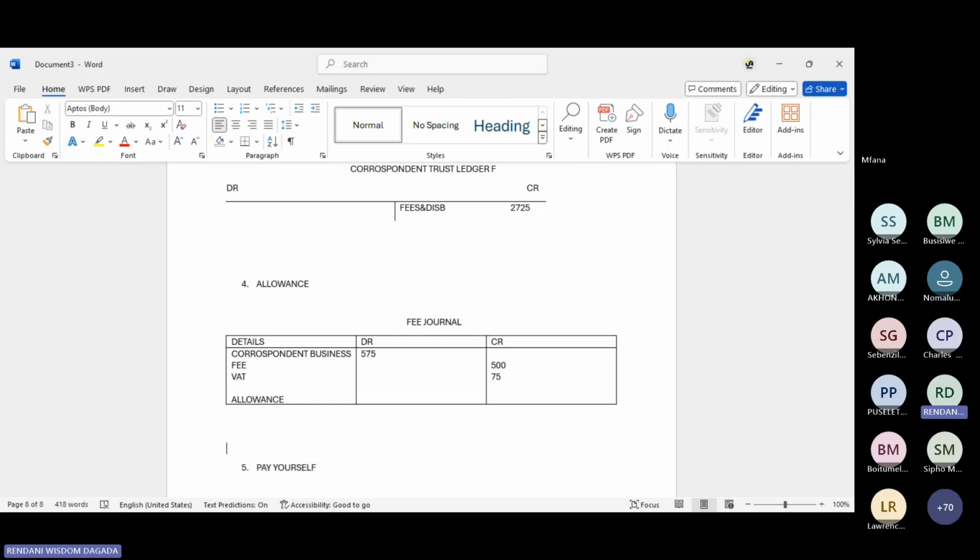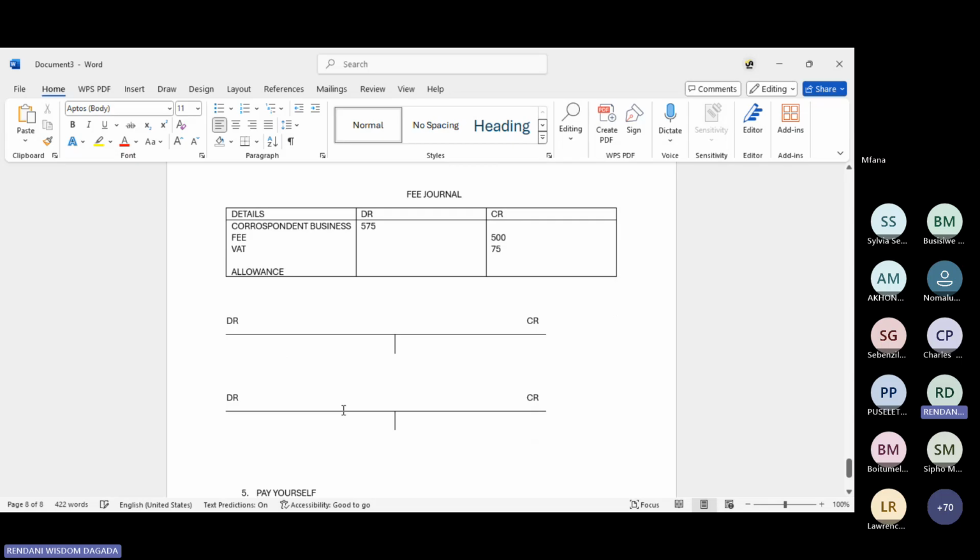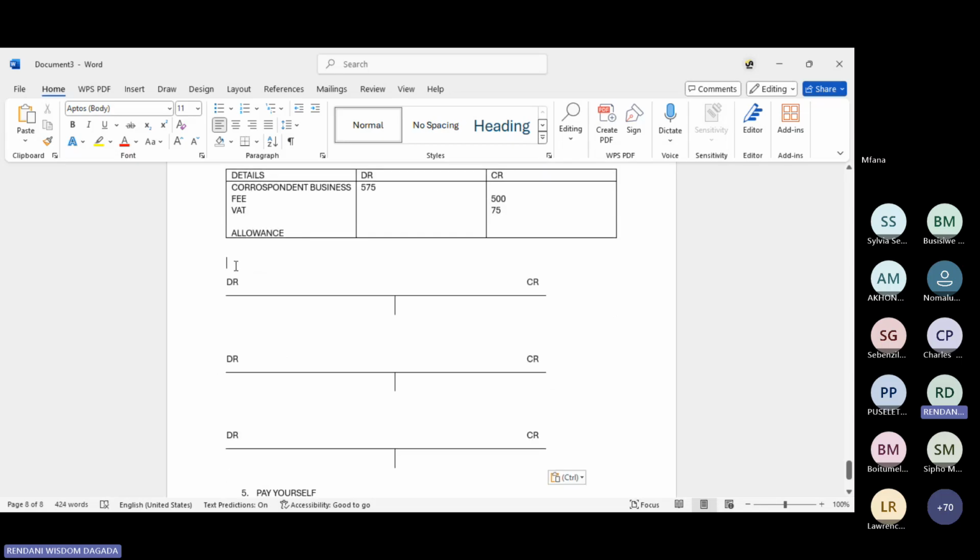We need 3 ledgers. 1, 2, 3. We need our correspondent business ledger, fee ledger, and VAT output ledger.